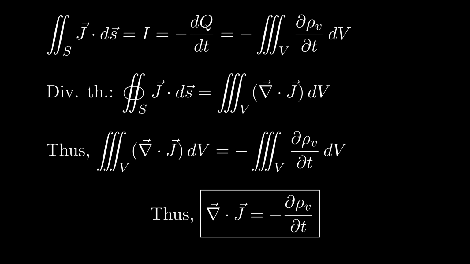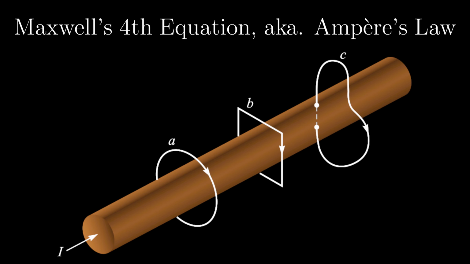Now let's talk about Maxwell's fourth equation. This is also known as Ampere's law with Maxwell's corrections.